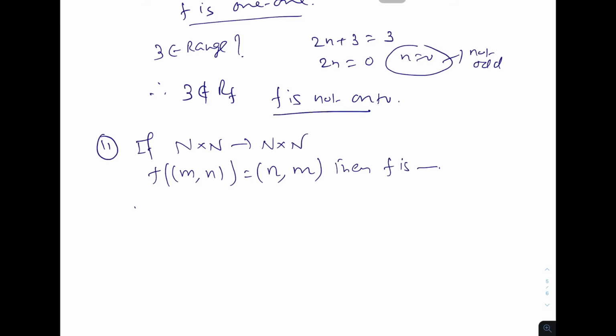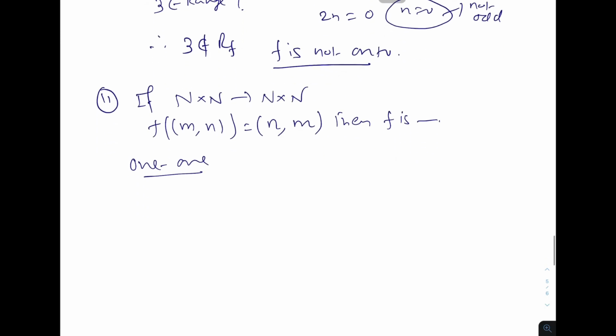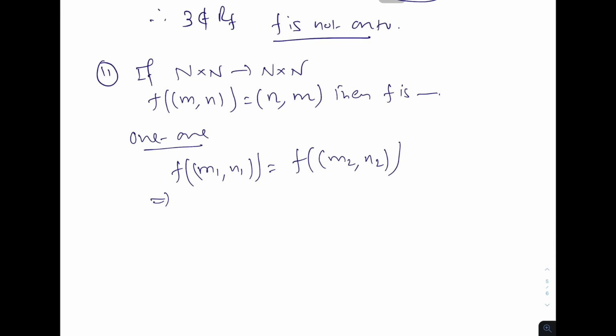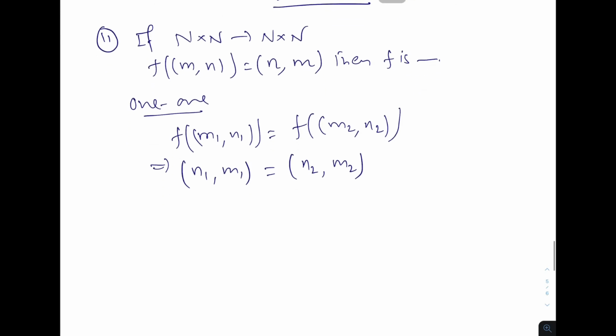Easily you can check for one-one. So f of (m1, n1) equal to f of (m2, n2) would imply the image of f of (m, n) is (n, m), the reverse. So this is (n1, m1) equal to (n2, m2), but this implies n1 equals n2 and m1 equals m2. You can take the equality.